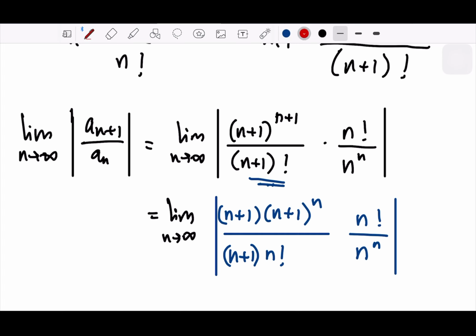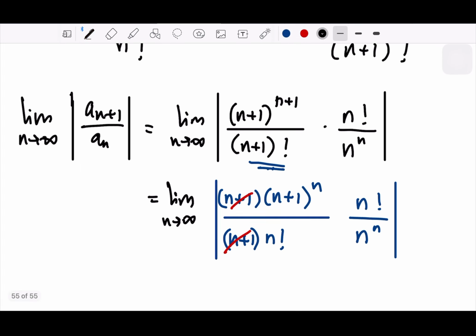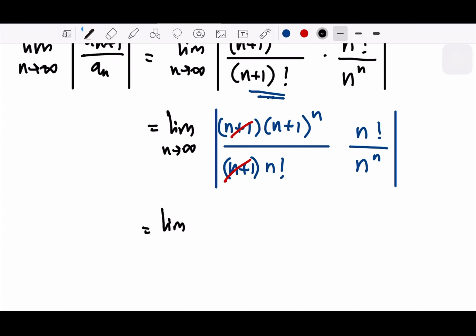Now we have canceled this. Now we have the limit, and this cancels also. So we will have n plus 1 over n with power of n. Anyone still remember what this is?